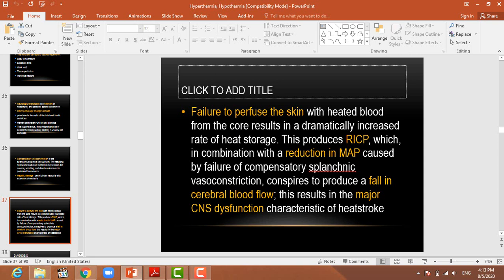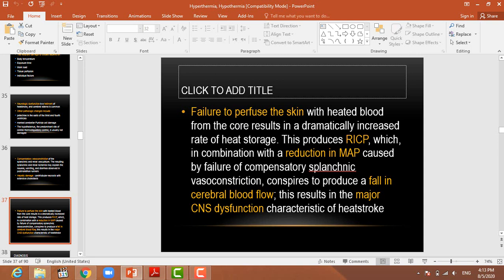This will produce raised intracranial pressure, along with a reduction in the mean arterial pressure. This will lead to compensatory splanchnic vasoconstriction. This will conspire to produce a fall in the cerebral blood flow, and this results in the major CNS dysfunction, which is a characteristic of heat stroke.